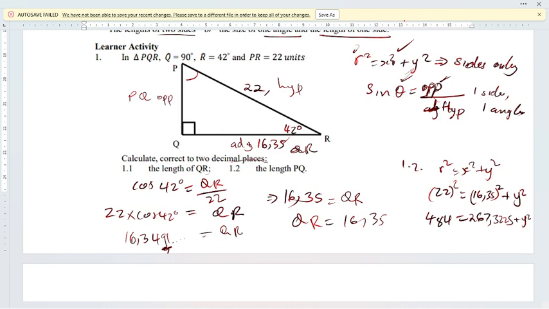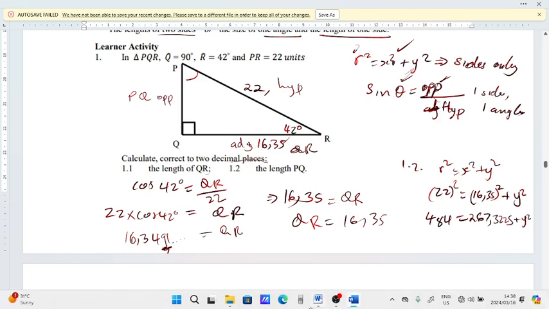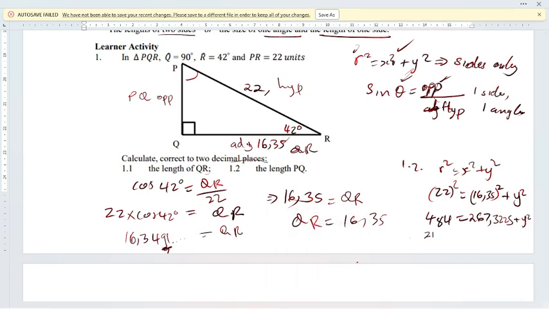So subtract. 216.675 equals to y squared.